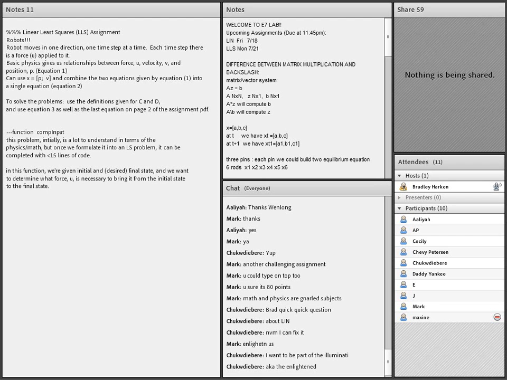So with all of those things, as well as the initial position and velocity, we know what we want the final position and velocity to be. What we're trying to do is determine what force U is necessary at each time step along the way to bring it to the desired final one.